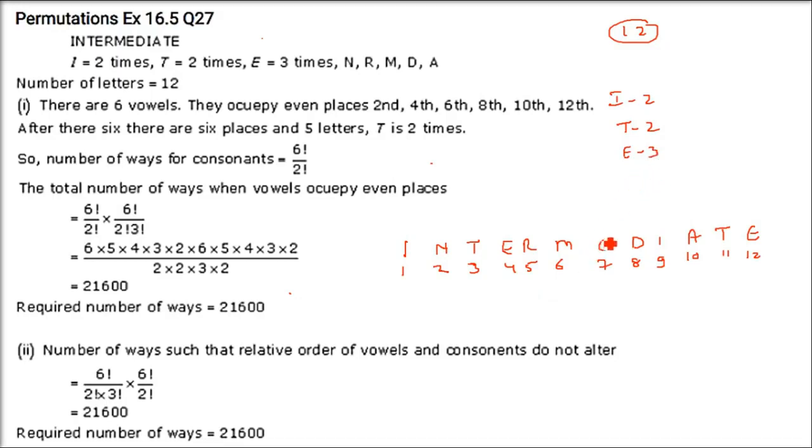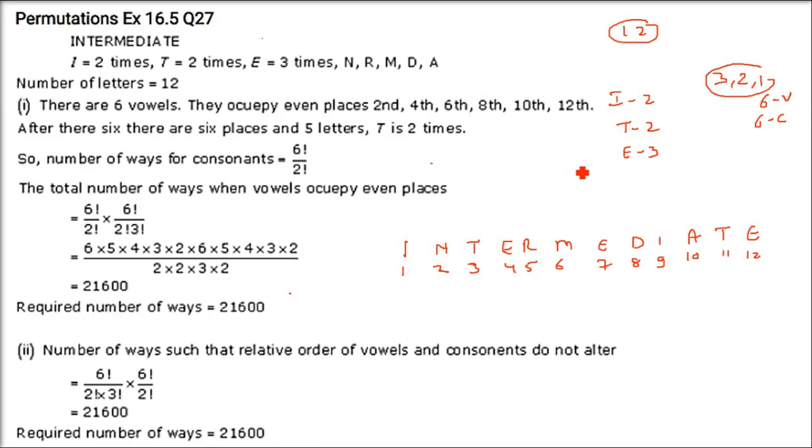And then we have R, N, M, D, A. What are the vowels? E 3 times, I 2 times, and A 1 time. So 6 vowels are there. How many are remaining? 6 consonants. In 12, 6 are vowels and 6 are consonants.